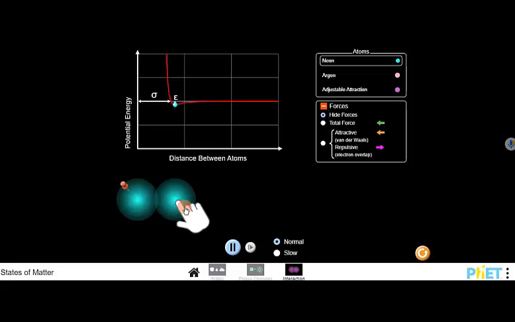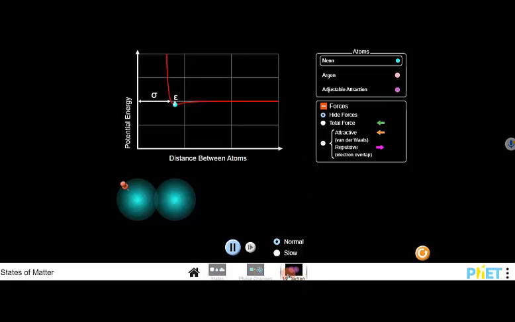So it is quite interesting. You can play with this, just apply this force and then see what happens. This is a repulsive force, and this is how the atoms are pushed far away from each other. Although they are attracted by some force, there are some forces which will repel as well. So this is how you can play with it.